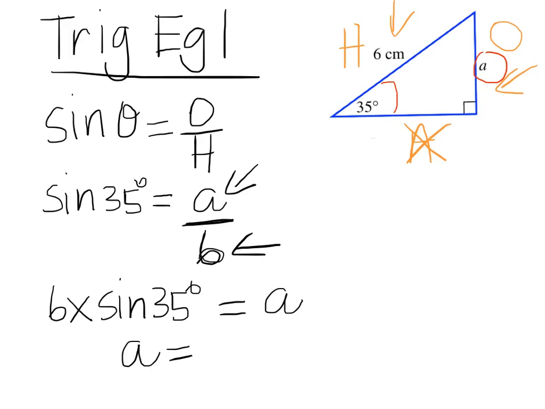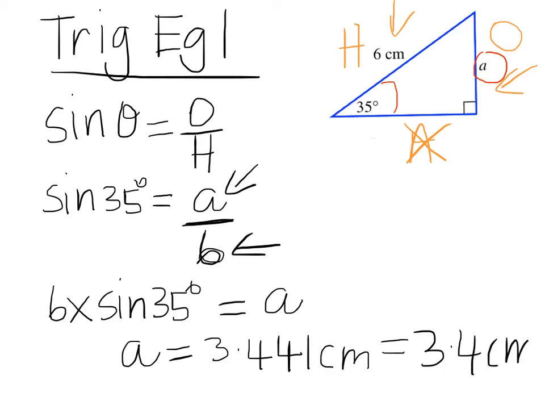And if we get this, we work out that it's 3.441 centimetres. Now this question hasn't specified, so I'm going to round it to 1 decimal place, and we've got 3.4 centimetres.